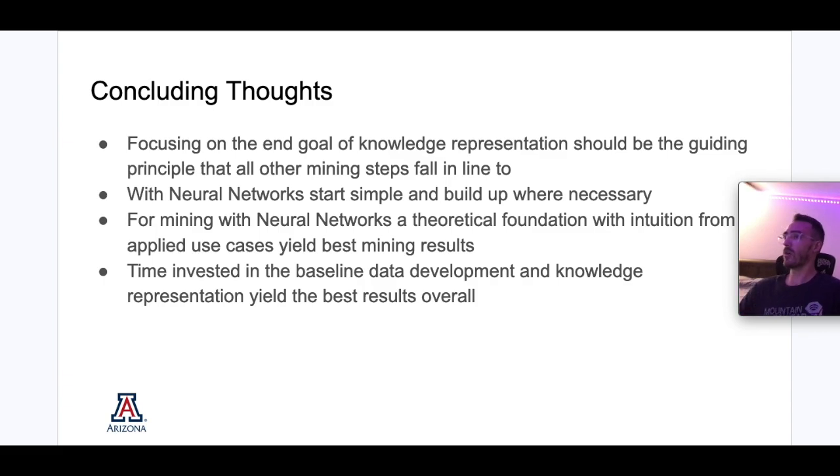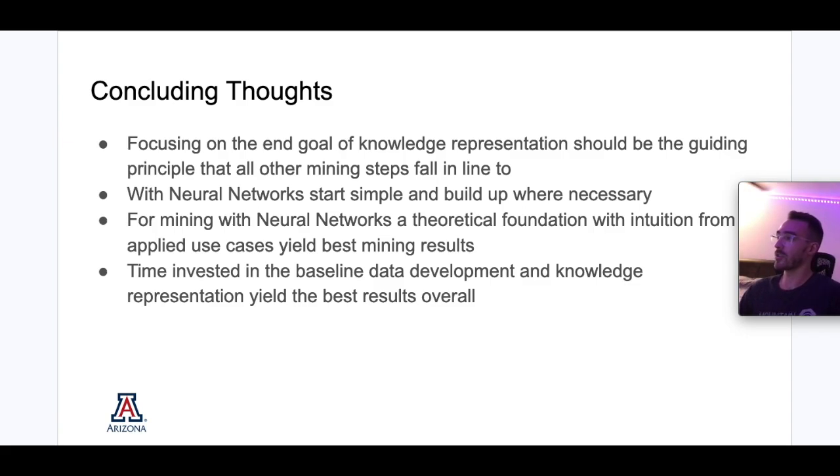So just a few concluding thoughts on the matter. Really the main goal I wanted to focus on here is that we need to ensure that knowledge representation is the key of what we're trying to do in data mining. And so this is the guiding principle for which all the other steps fall in line too. With neural networks, we always want to start simple and then build up where only necessary. We don't want to start with the most advanced deep learning network, because the simplest network could also work just as well in that situation.